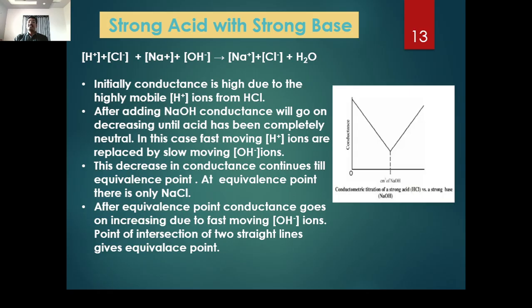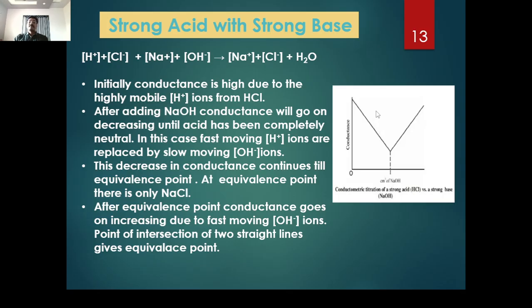We have taken the hydrochloric acid in a beaker and added water, and we make an aqueous solution of hydrochloric acid, which gives the electrolytic solution. We dip the conductometric cell into this electrolytic solution of hydrochloric acid, and we add the sodium hydroxide from the burette, 1 ml or 0.5 ml at a time.